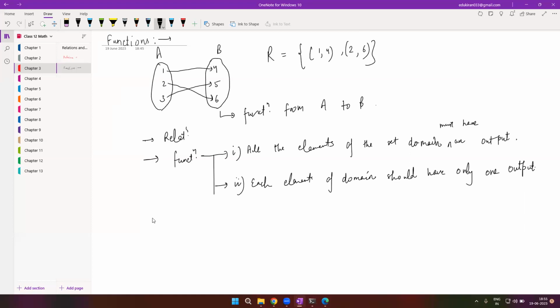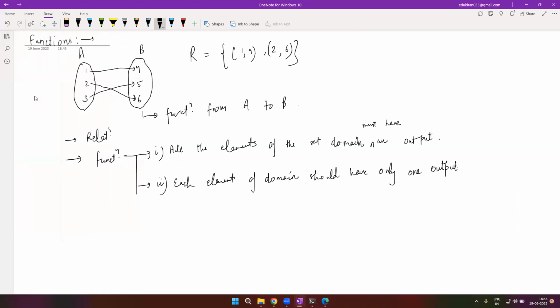Now let's check. I'm giving you some cases. Try to check whether you're able to find out whether the given relation is a function or not. Okay, so this is A, this is B, this has 1, 2, 3, and this has A, B, C. So 1 is connected, 2 has B, and 3 does not have any output.